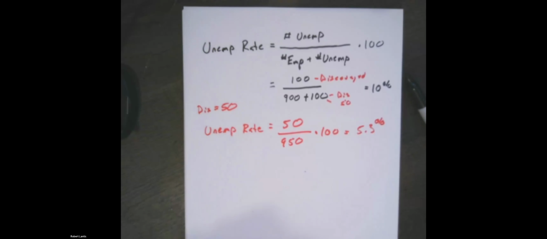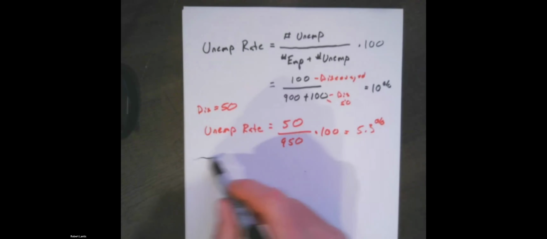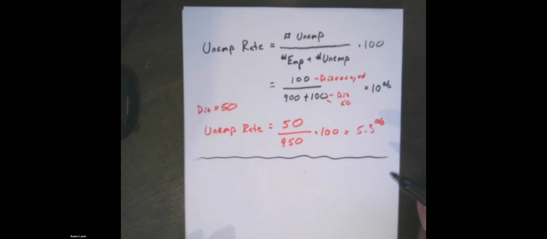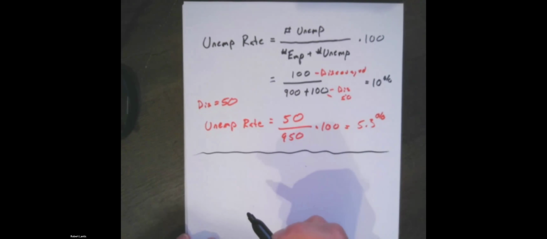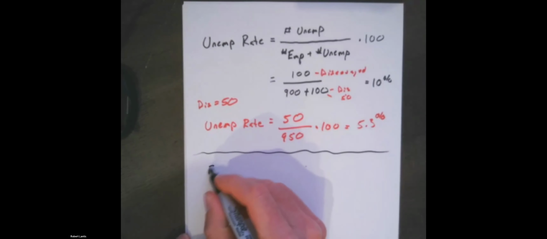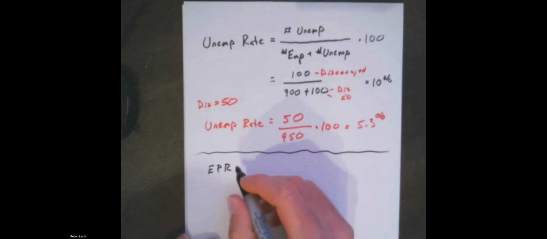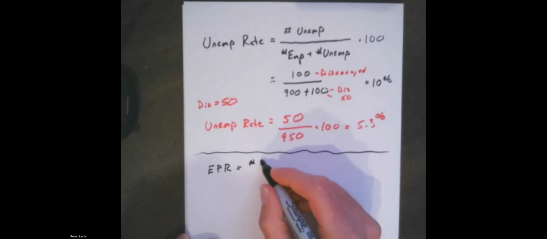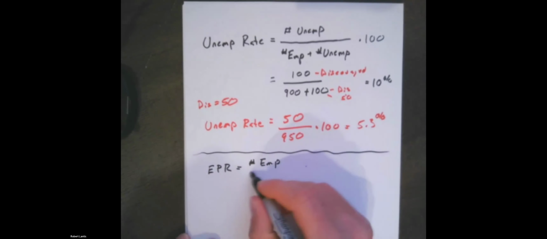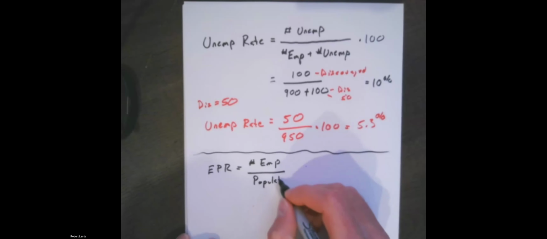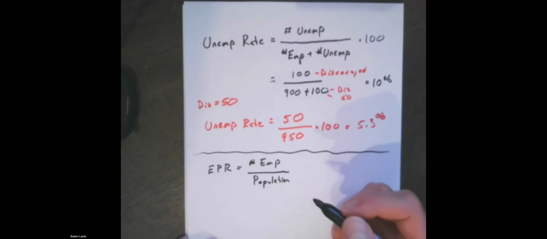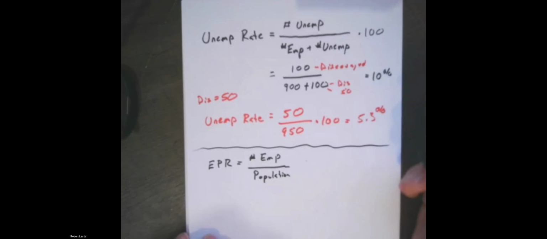So a similar idea would be something like the following. Let's say I'm thinking about my employment population ratio, which is the number of employed individuals over that CNIP, or if it's easier to think about, my civilian non-institutional population, the number of people that I have in my economy.